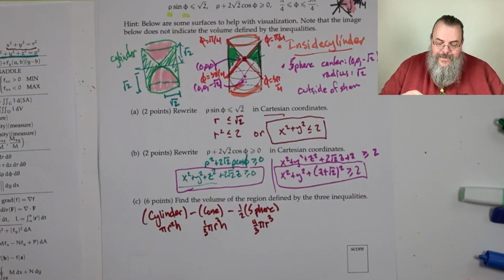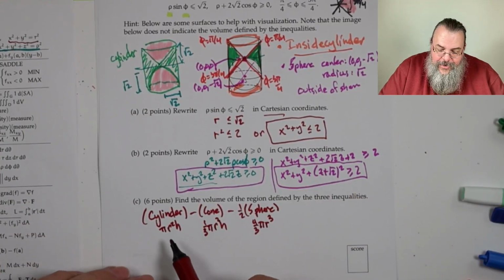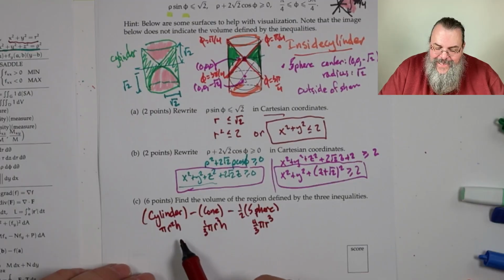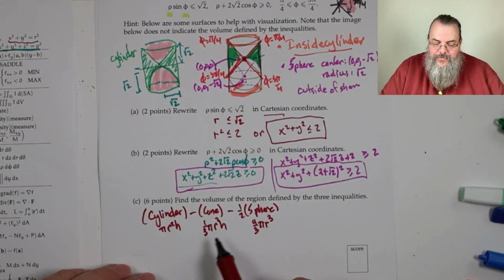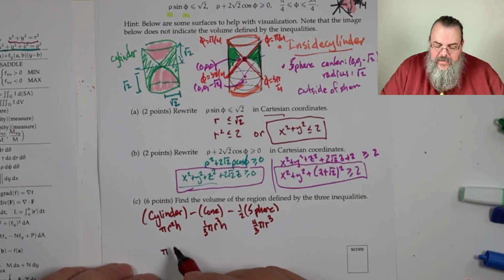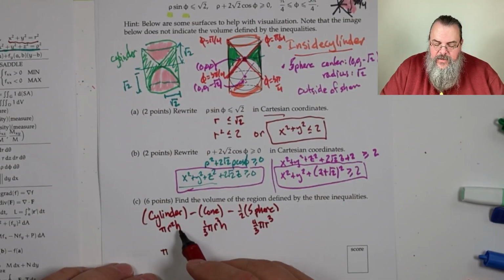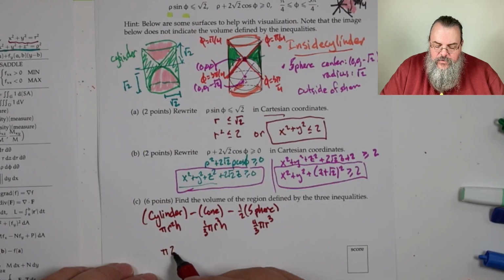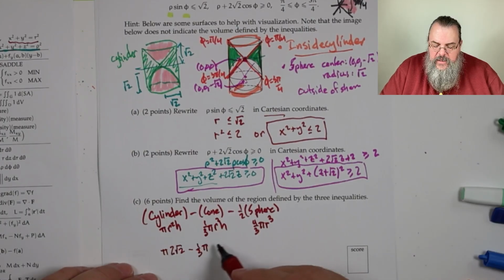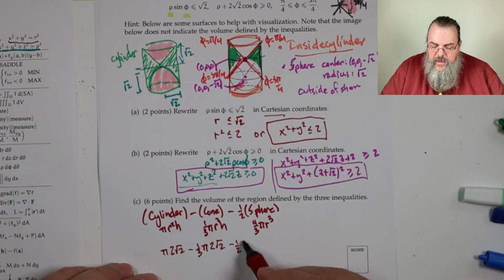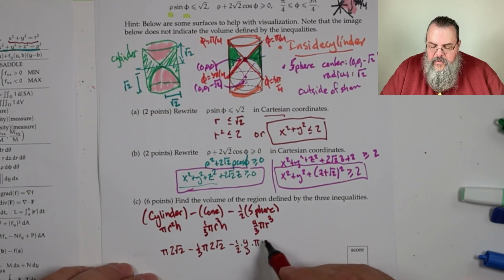Okay, so good news. All the r's and all the h's are square root of 2. So we get pi times square root of 2 times square root of 2 times square root of 2. So that's 2 root 2, minus 1/3 pi times 2 root 2, minus 1/2 times 4/3 times pi times 2 root 2.